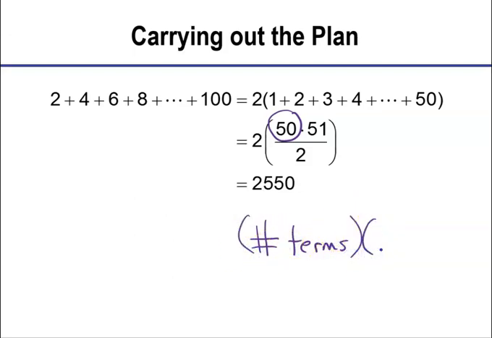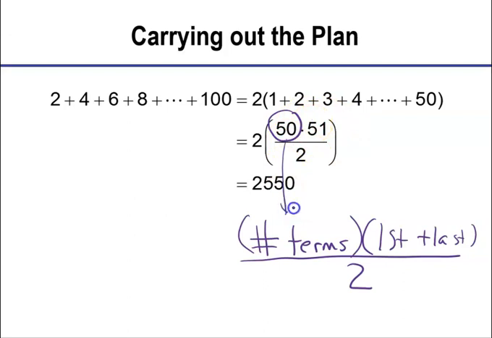What's the 51? How about the first term plus the last term? So first plus last, and then that's all divided by 2. That's what this formula is. So again, 50 is the number of terms, 51 is first plus last, and the 2 in the denominator is the 2.